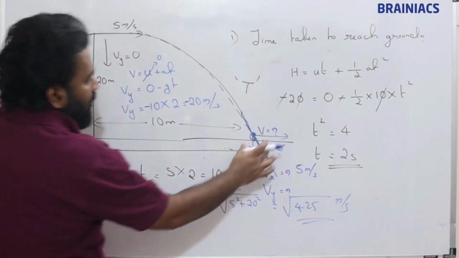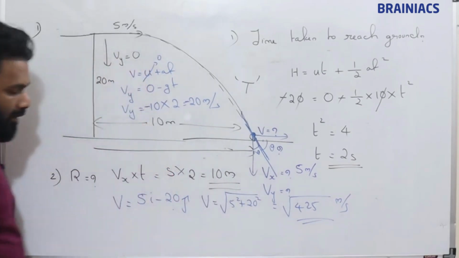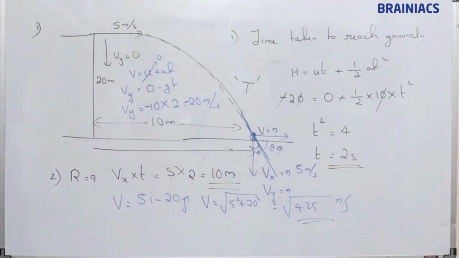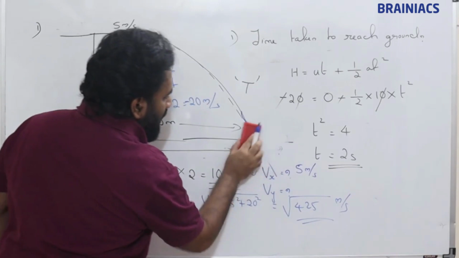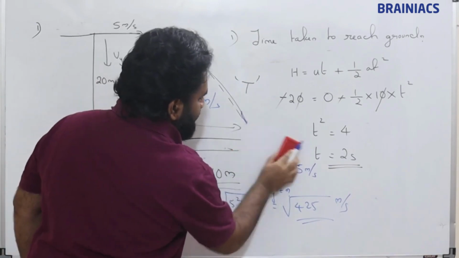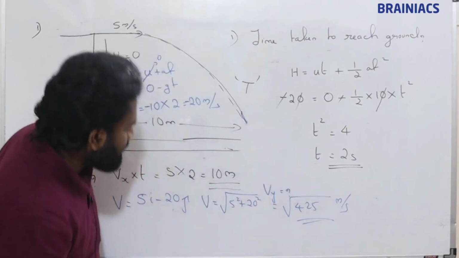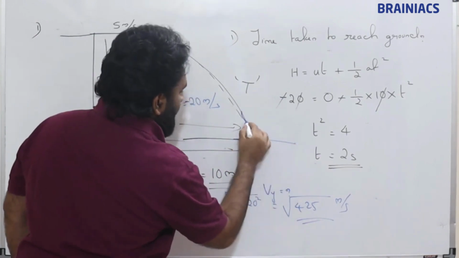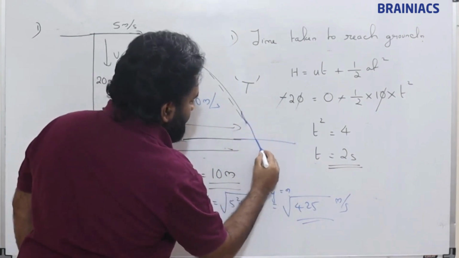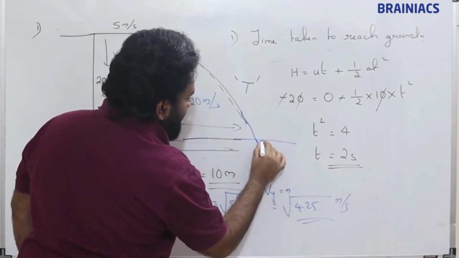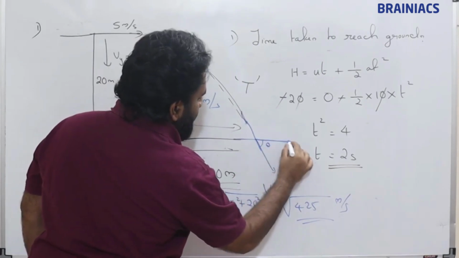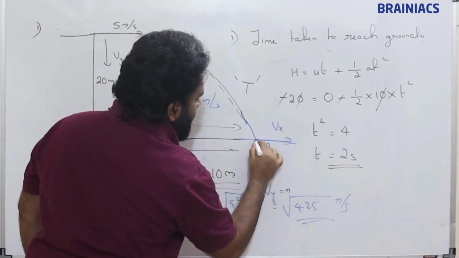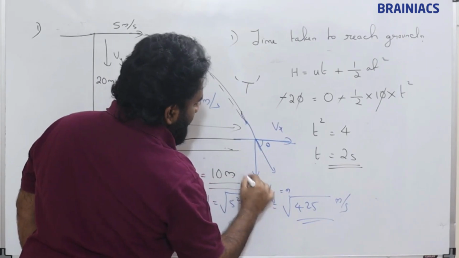How to find this theta? I will draw clearly. If it is like this, here this is theta, this is Vx, this is Vy.